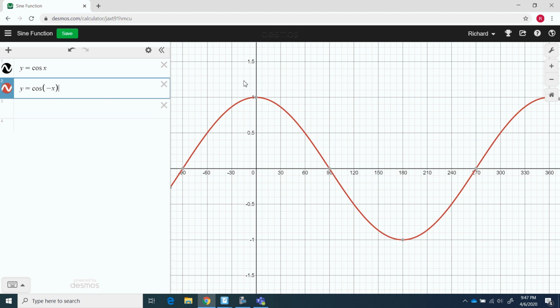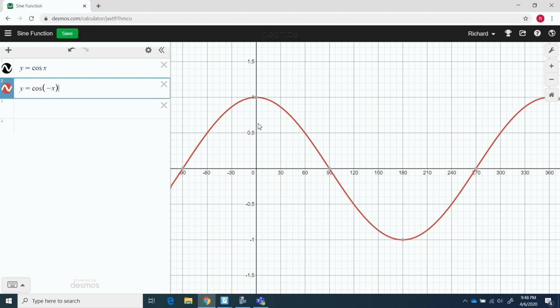So imagine folding this graph across your y-axis. If you were to flip this whole graph across, it would end up right on top of this other one over here. I know it's been a long time now, but when we did our trig equations, do you remember if it was a cosine function and you had the cosine of 60, negative 60 would turn out to be your other angle?